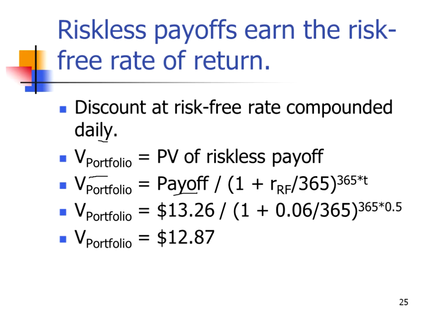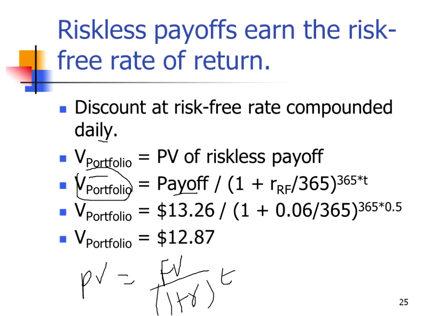So in this case, the value of the portfolio will be the payoff divided by 1 plus R raised to the power T. That is to get the present value, right? This is the formula, right? Present value is equal to future value divided by 1 plus R raised to the power T.